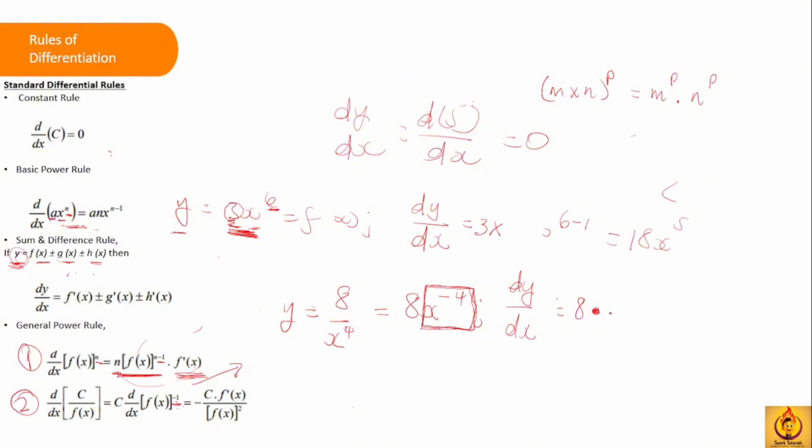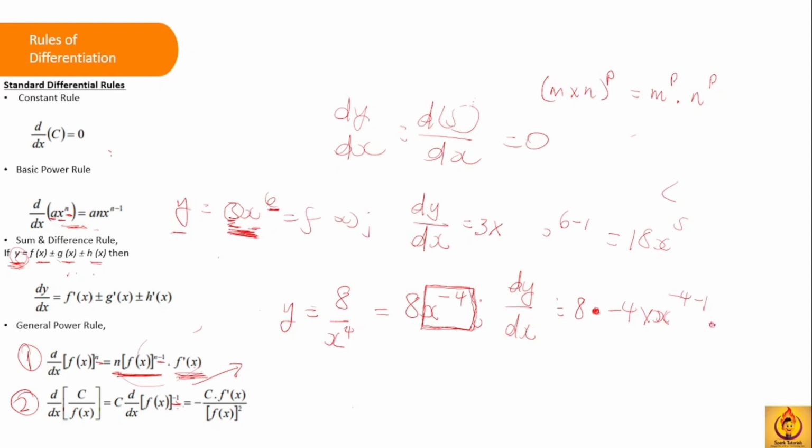We bring down the number that this x is powered by, which in this case is minus 4. Remember, it must be a minus as well, because your power here is minus 4. Even though it's a reciprocal and all that, it's a minus. Then you multiply it by x to the power minus 4 minus 1.